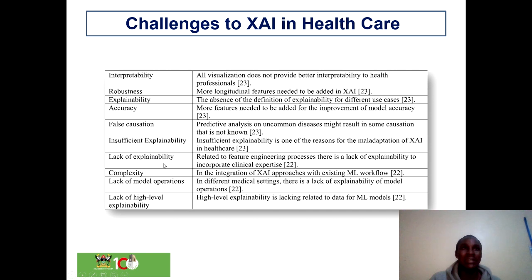The explainability is still largely lacking and insufficient to a certain extent. And then the complexity is also an issue. Some of the explainable AI approaches are quite complex to integrate in the existing models. And then lack of explainable operations and a lack of high level of explainability. So these are the challenges they managed to list out from all the papers they reviewed on a high level.